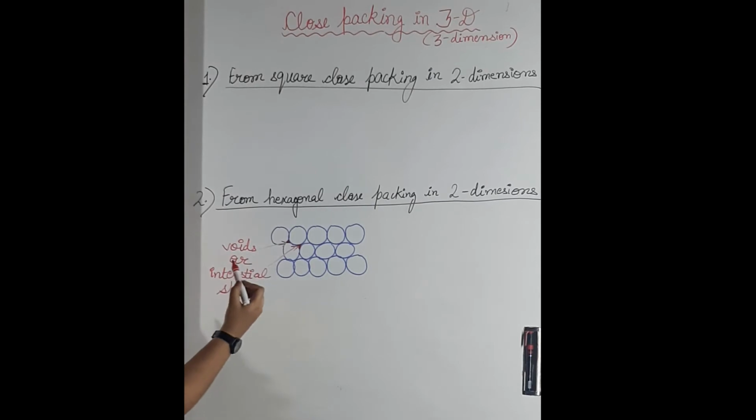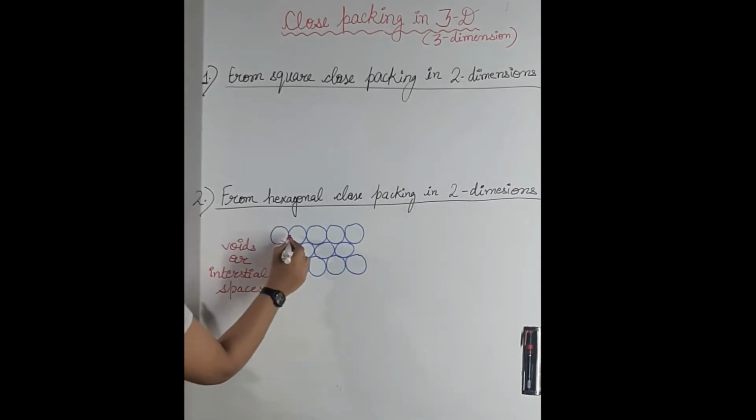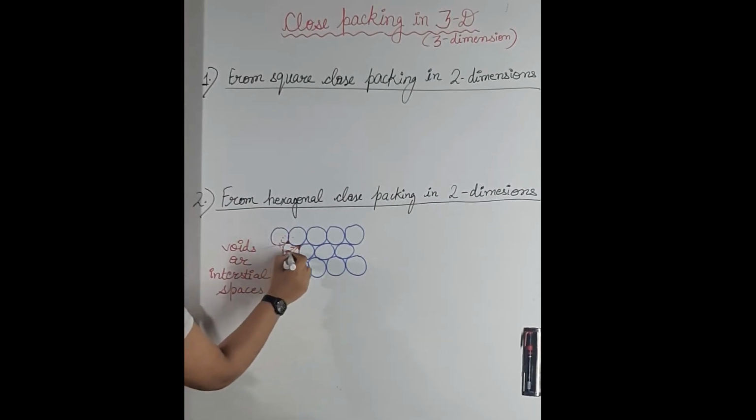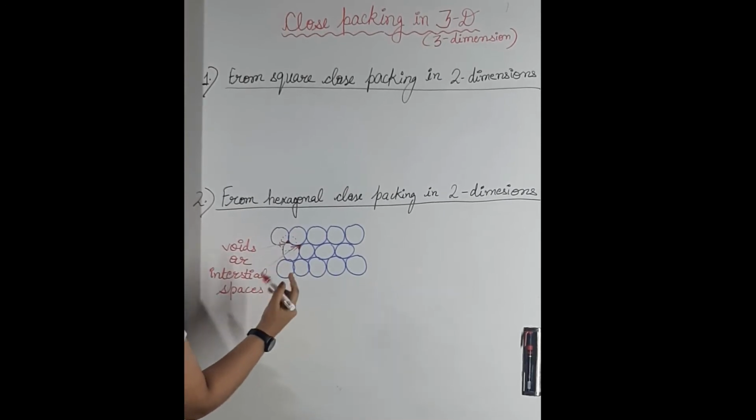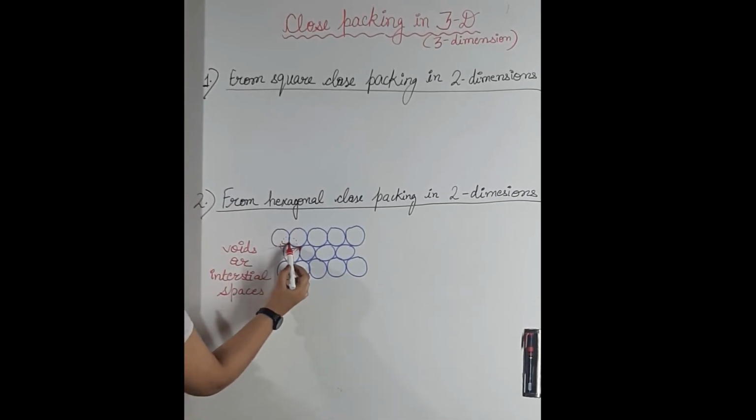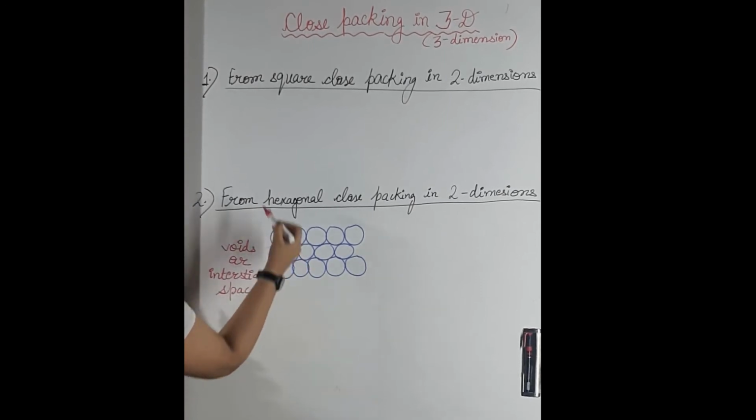As I have said, the second layer is placed over the first layer such that it will cover one type of void. Here we are covering the one type of void in which the apex of the void is in the upward direction.